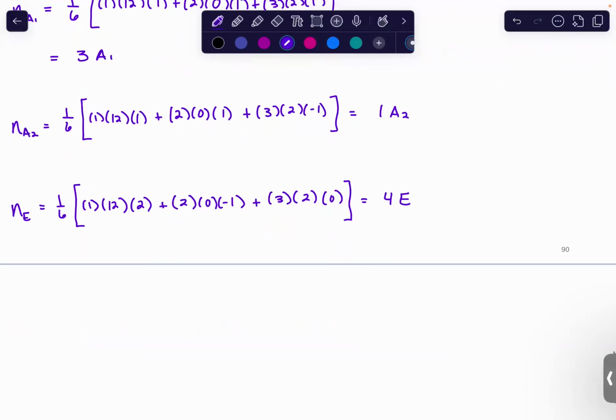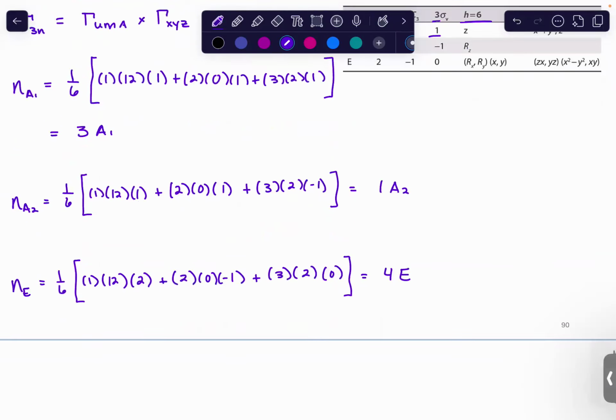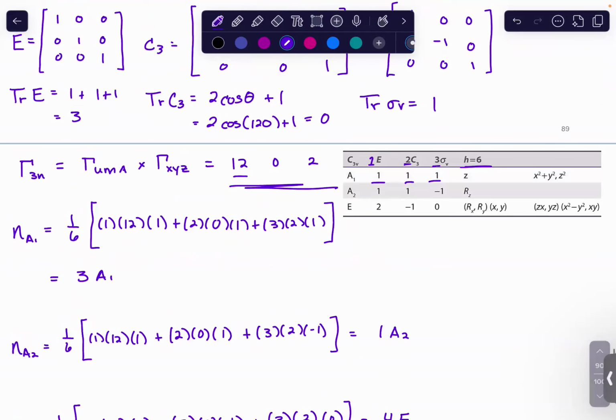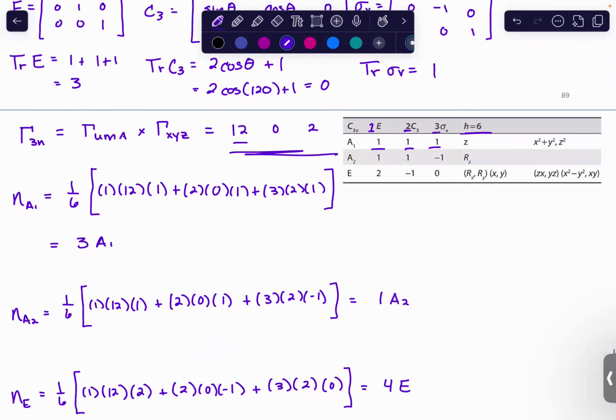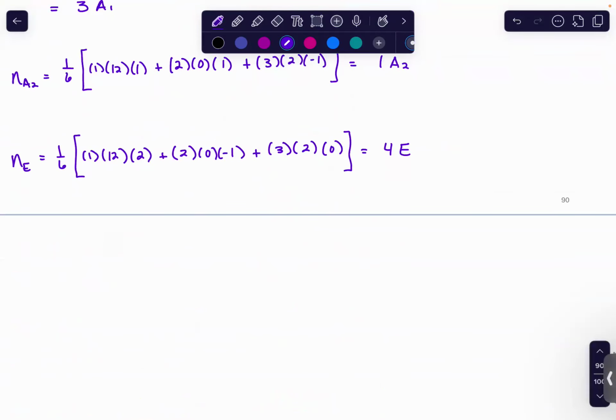Now, the way you write this is your total gamma, which started out as 1202, has now been calculated to show you that you get 3 A1s plus an A2 plus 4 E's. Okay, now we want to turn this into our gamma for vibration.